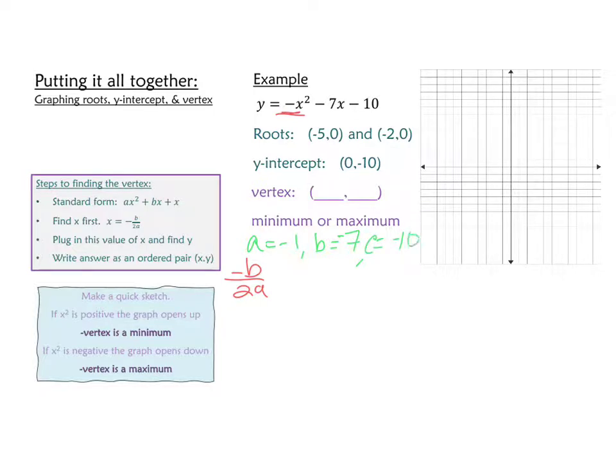So -b/2a would be -7 over 2 times -1, which is 7 over -2, which equals -3.5. That is our x coordinate, -3.5. Put it right up here.